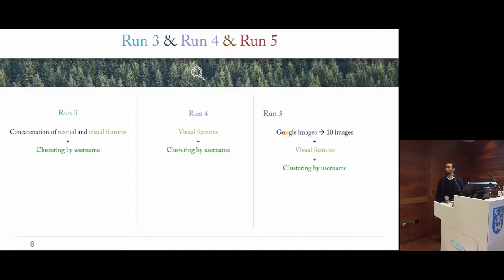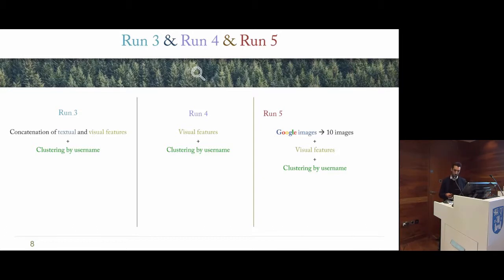In the third round, we followed the same approach, but we concatenated the textual representation with the visual one and used this as a multimodal representation. In addition, we also used the grouping and selection by username. In the fourth round, we removed the textual representation in order to evaluate its impact on relevance compared to combining all the visual features with username clustering.